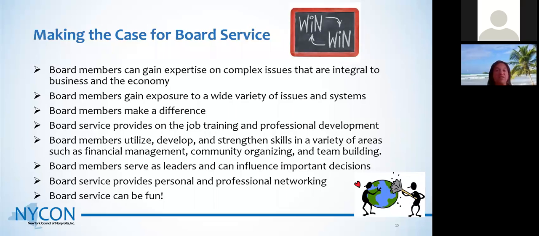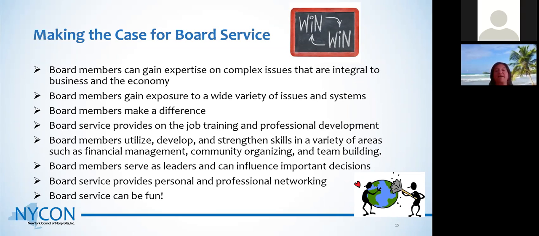Looking at the different systems that we work in, understanding things like marketing and fundraising, event planning, networking, relationship building, really learning how your organization is making a difference and being able to connect their involvement in decision making and in the committee work to seeing the impact.